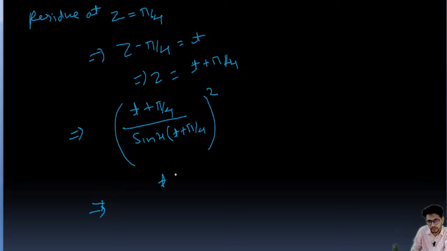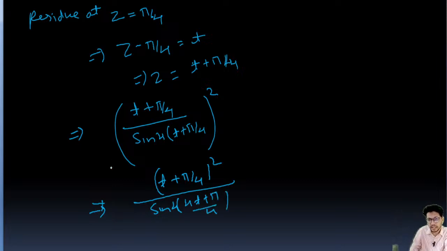We'll open it: (t plus pi by 4) whole square upon sine 4t. Since sine 4(t plus pi by 4) is sine (4t plus pi), which is minus sine 4t, and because there is a whole square, minus minus becomes plus.